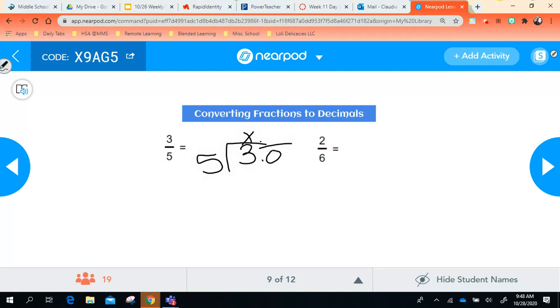How many times? 6. 6 times 5 is 30. Okay, I recommend you always go 2 numbers after the decimal. So I'm still going to add another 0 and bring it down. 5 goes into 0, 0 times, which gives me 0. So 0.60, however you'd like to write it.